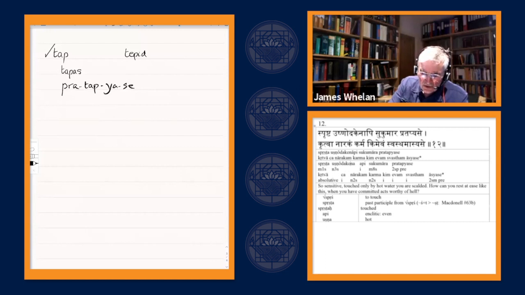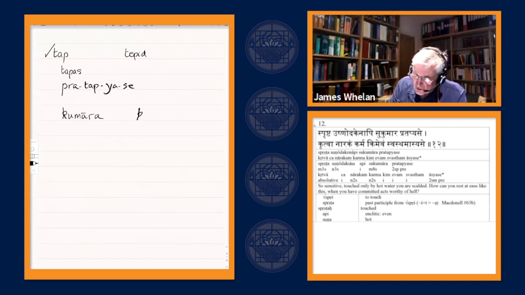So this word sukumara, by the way, I've looked for it, I haven't found an analysis of this word, kumara.